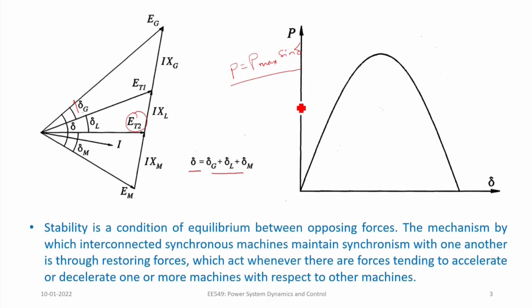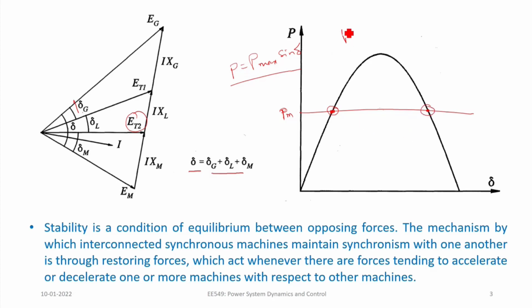And now if we want to find the equilibrium points, of course we can find them. If we plot the mechanical power, that is the mechanical power fed to the generator, then we get two equilibrium points. One is here, another one is here, right?